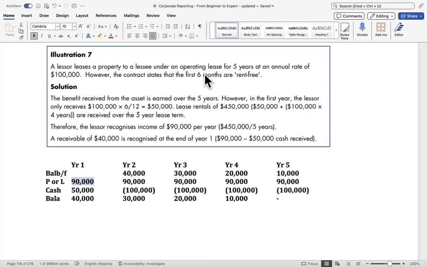In the first year, the lessor gave a discount of 50,000 and received only 50,000 naira cash from the question, and we're recognizing 90,000. So we'll debit cash received 50,000, debit a receivable 40,000, then credit P&L 90,000 because this is the lessor's books.